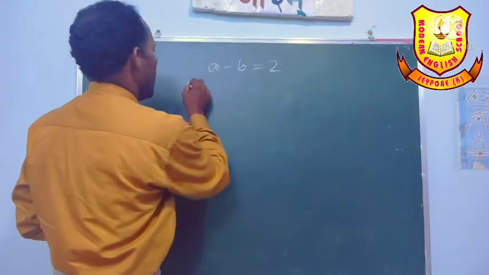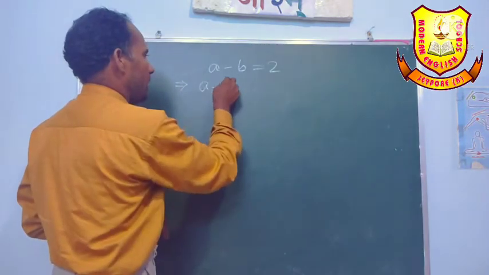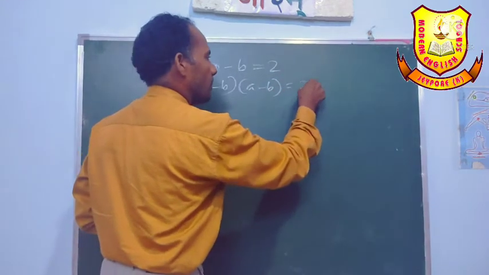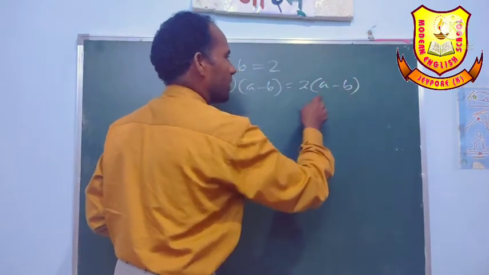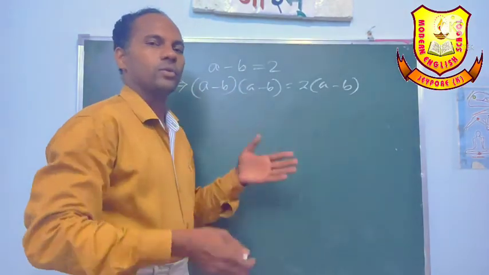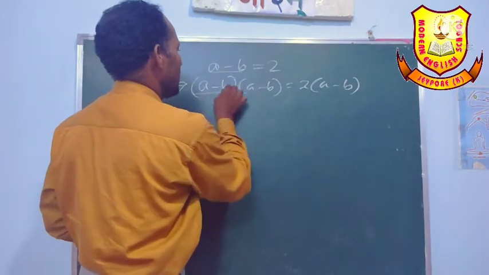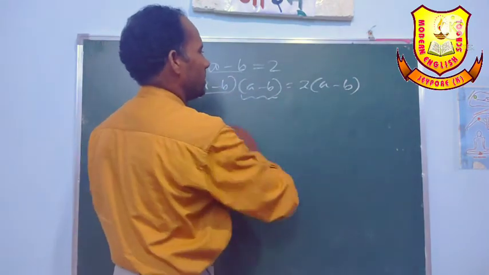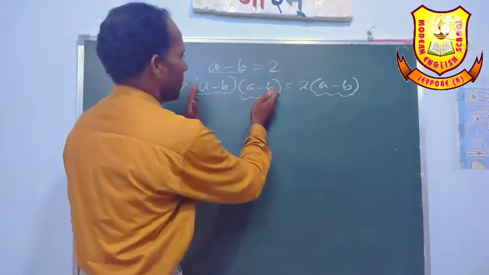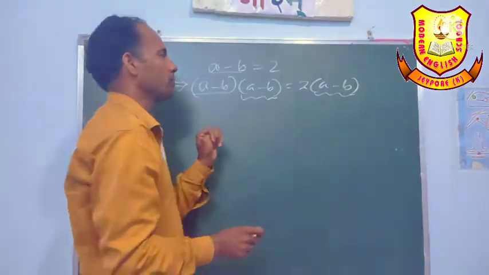Now the next step: a minus b will be multiplied on both sides, because when equals are multiplied by equals, the products will be equal. Here a minus b is multiplied on this side, and on this side also a minus b is multiplied, so the products on both sides will be equal. There will be no issue.